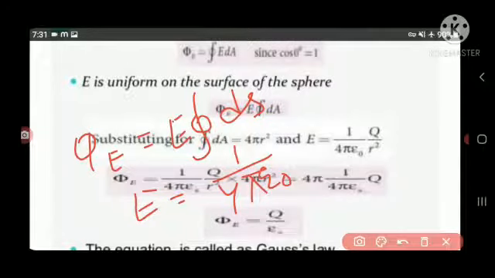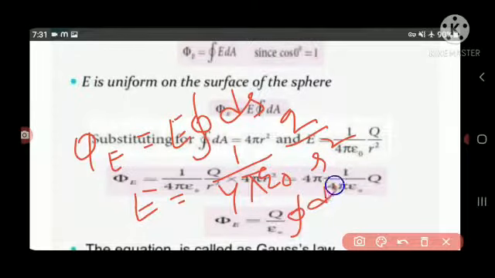Now, we know the value of E. E is equal to 1 by 4 pi epsilon naught q by r square, right? And suppose the closed surface is nothing but the spherical surface, so the integral of ds is obviously equal to 4 pi r square.